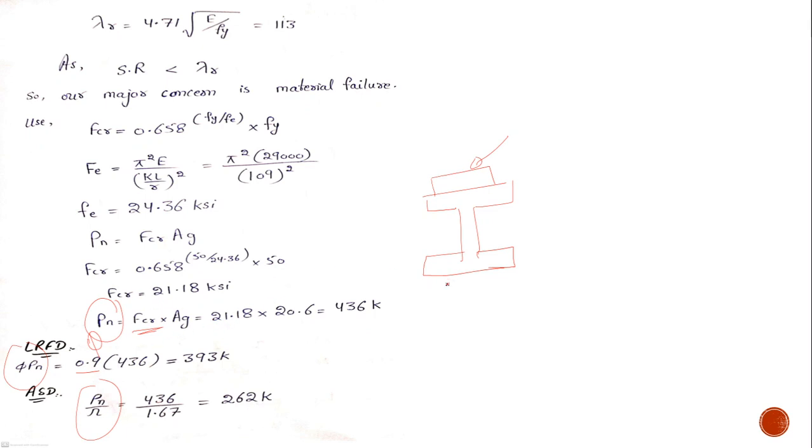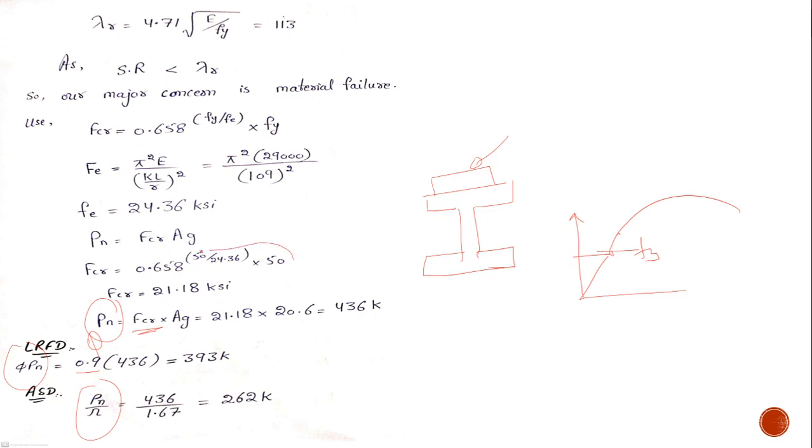F critical: you should know that in a steel column, the steel may not reach its Fy. Sometimes it may fail prior to Fy due to residual stresses. So this would be our material failure. That's why F critical is modified based on geometric failure and material failure.